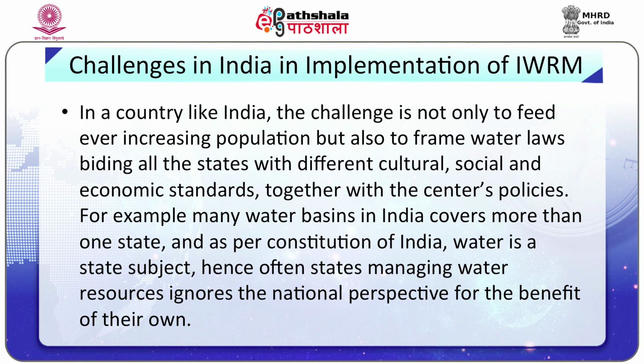In a country like India, the challenge is not only to feed ever-increasing population, but also to frame water laws binding all the states with different cultural, social and economic standards, together with these centrist policies. For example, many water basins in India cover more than one state, and as per the Constitution of India, water is a state subject. Hence, often states managing water resource ignore the national perspective for the benefit of their own.